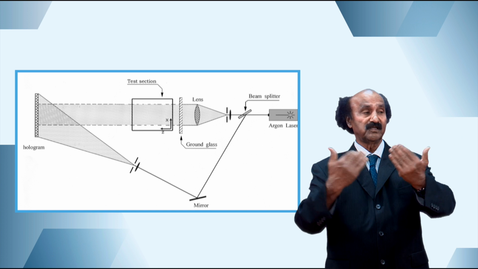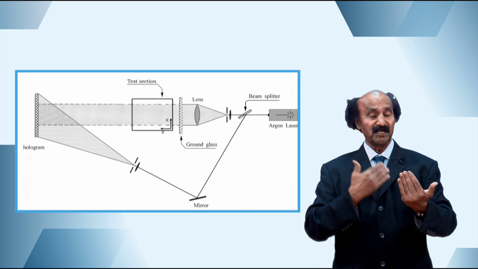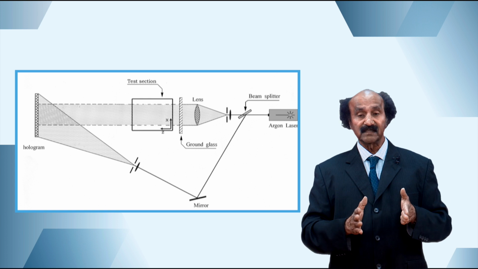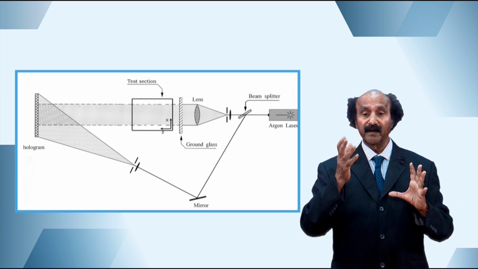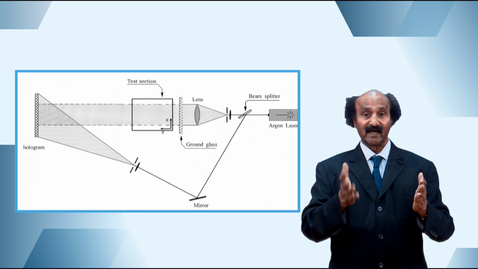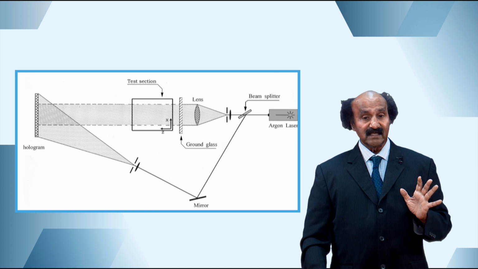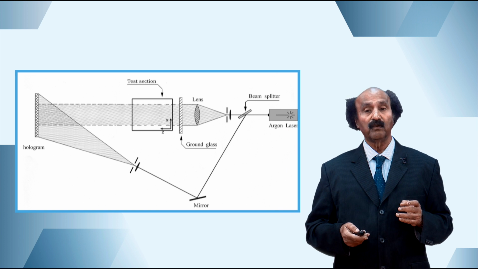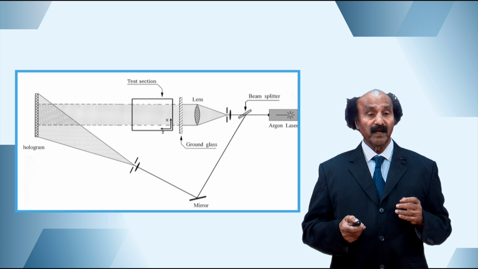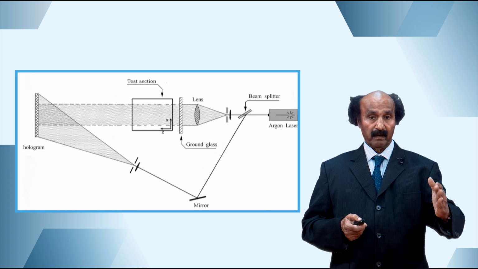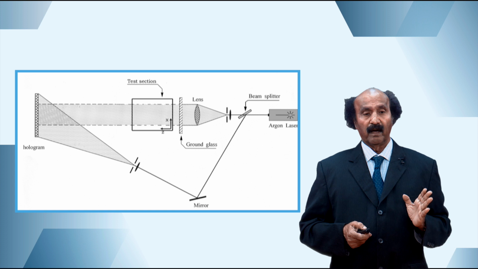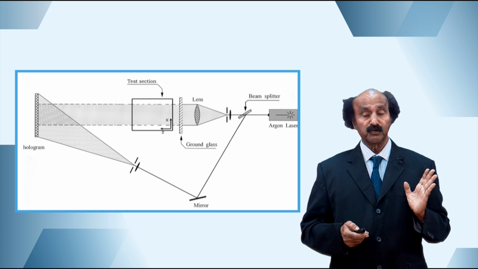Because of this, you see changes in the pattern that represent the deformation the blade is undergoing under different vibrations. This is of great engineering value, and a great application in aerodynamics. I would show some of the volume holograms, reflection holograms in the next few slides.